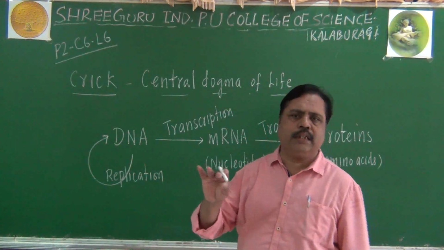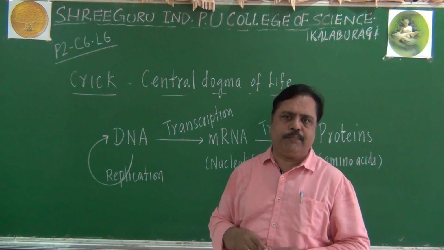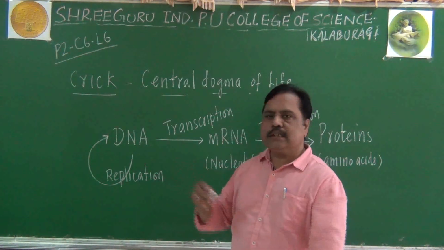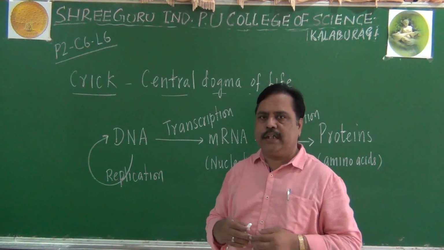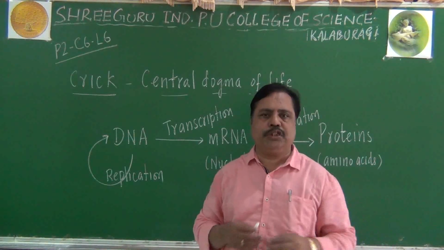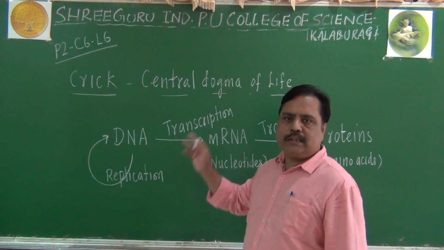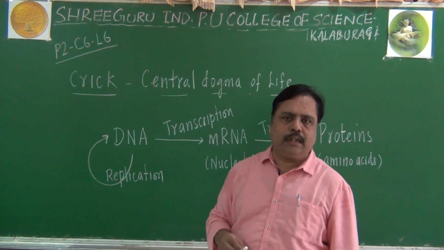So DNA is considered as the master molecule of a cell, we can say. It is not only acting like a genetic material, that means transmitting the characters from parents to children, it is also involved in transcription and translation.